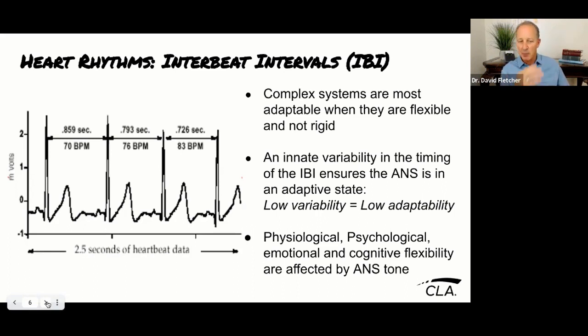Now, in this particular image that I'm showing you, which is an ECG, we're looking at the ability to collect what are called RR intervals. Well, we can do exactly the same in a PPG test, and the reliability between ECG and PPG is profoundly close.